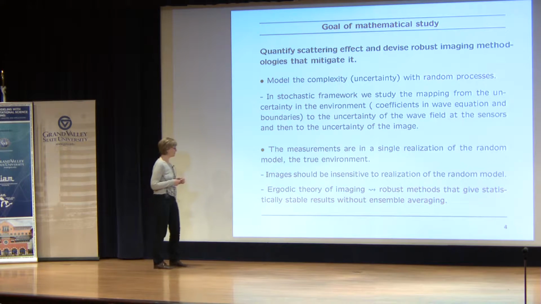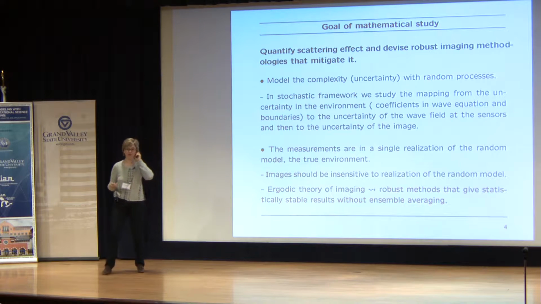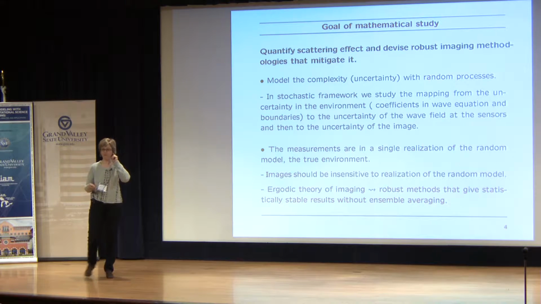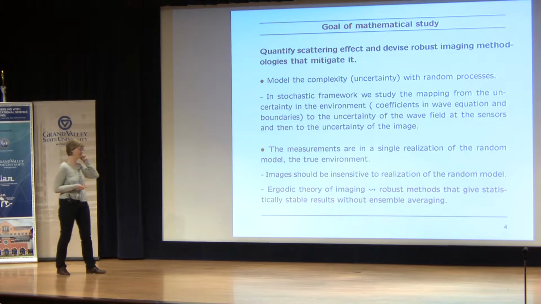So that essentially means that what we mathematically want is an ergodic theory of imaging, which means that we obtain imaging functions that have the property of statistical stability or self-averaging that is achieved without ensemble averaging.